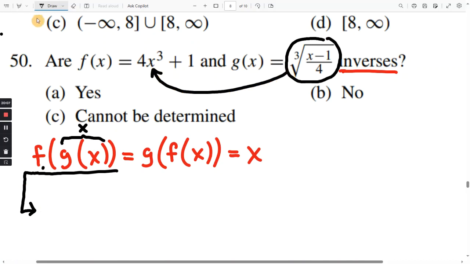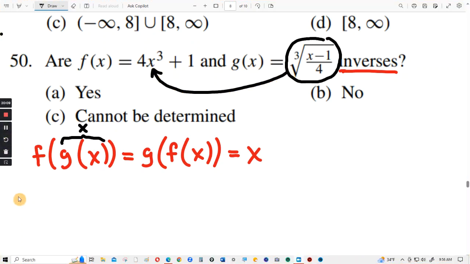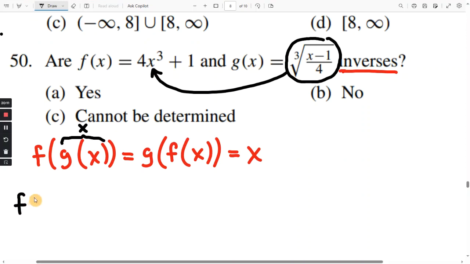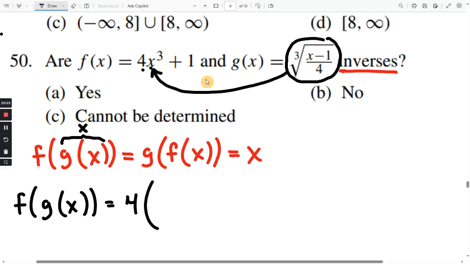Let me see here. f of g of x. We have 4 times x cubed. So that's going to be 4 times this mess right here to the third power. So that's going to be the third root of x minus 1 over 4, to the third power, plus 1.